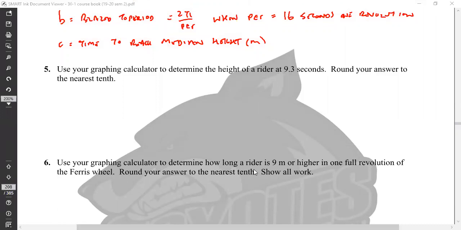All right, so when we put this into our calculator, number 5 says use your graphing calculator to determine the height of a rider at 9.3 seconds. When we put this into your calculator to graph, we want to make sure of a couple of things.